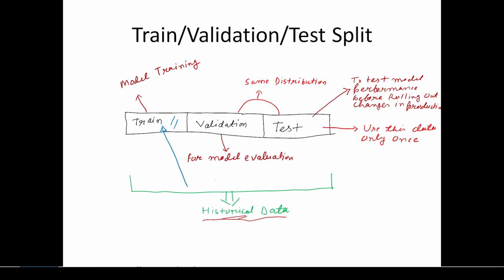So in the train part, we will use the train split only for model training purpose. So whatever model we would be building or training, it will only use the train part of the historical data, right? So whatever split we have done using any mechanism, we will use only the train split.